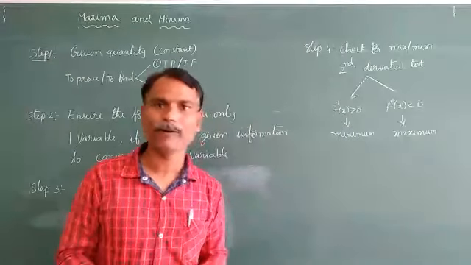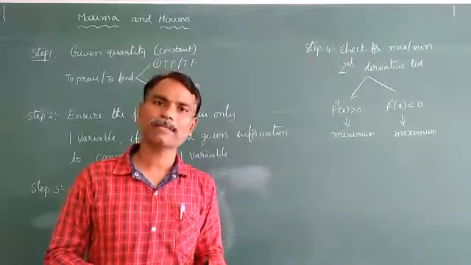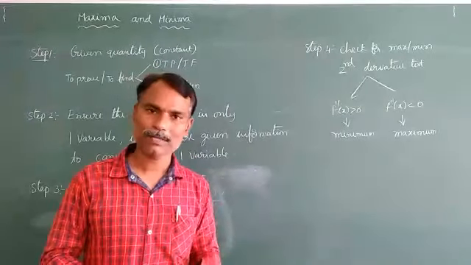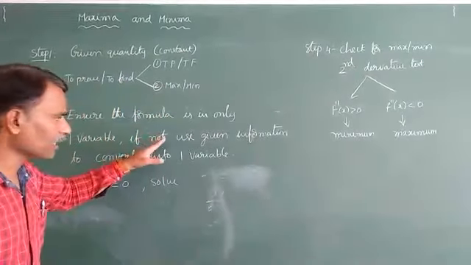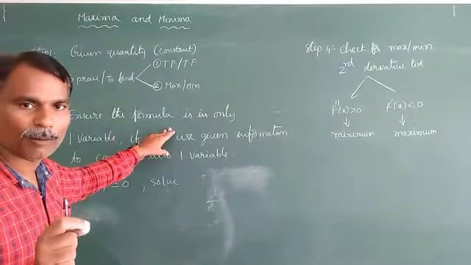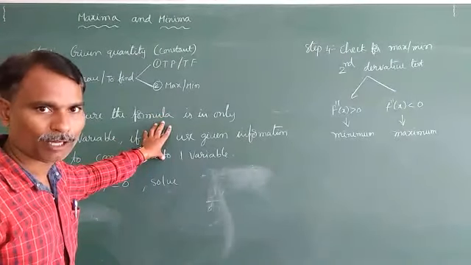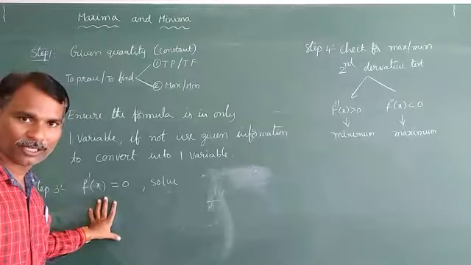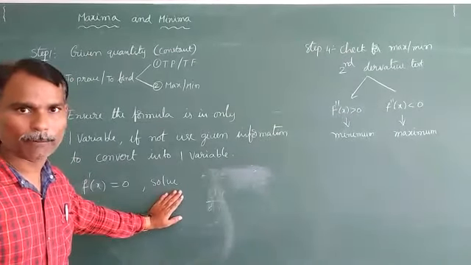Every time we will not get f of x; depending on the variable, sometimes it is f of r, sometimes f of h. Write the formula with one variable, then go for the first derivative test. Setting the first derivative equal to 0, we will definitely get some critical points.